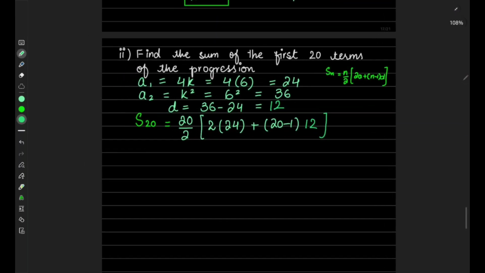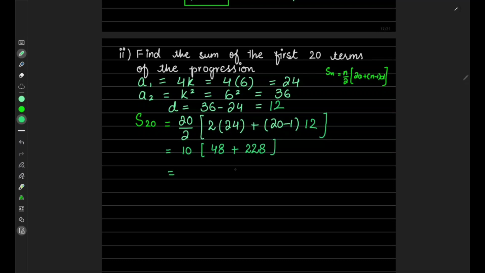Now, 10 times 48 plus 19 times 12. Okay, so 19 times 12 is 228.